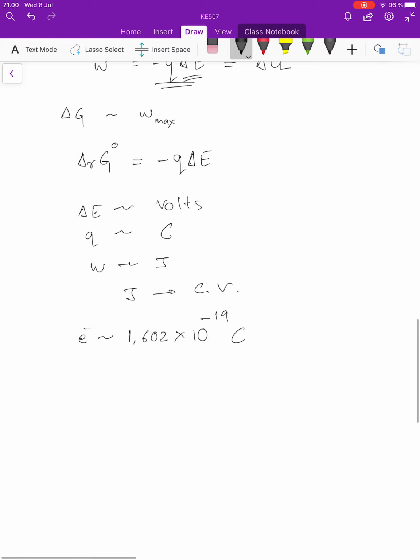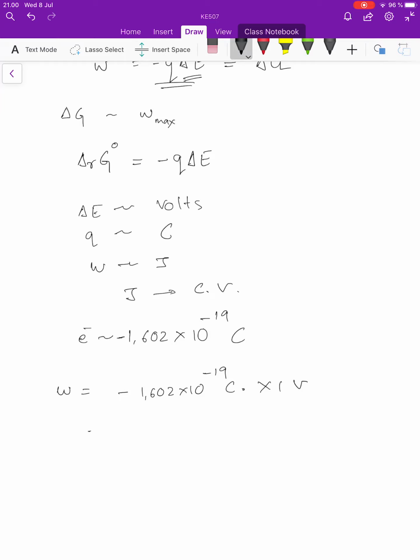If you're moving a single charge against an electrical potential difference of 1 volt, then the work done is equal to 1.602 times 10 to the power of minus 19 coulomb multiplied by 1 volt.